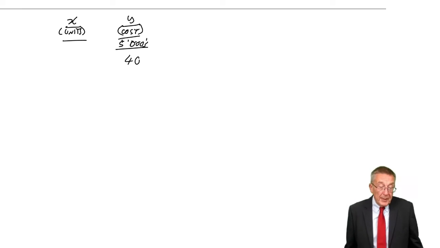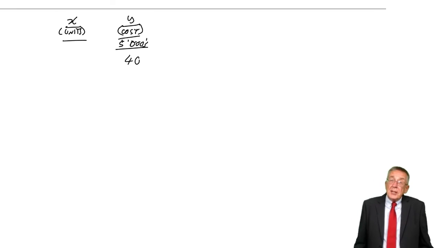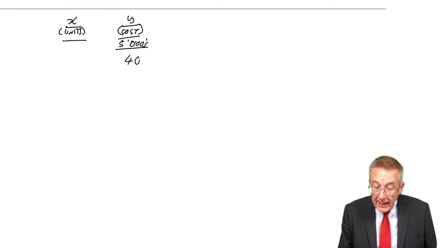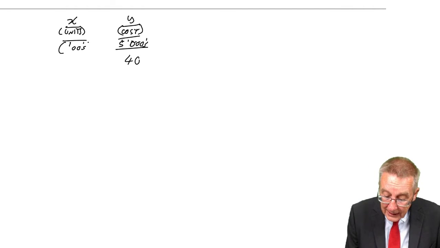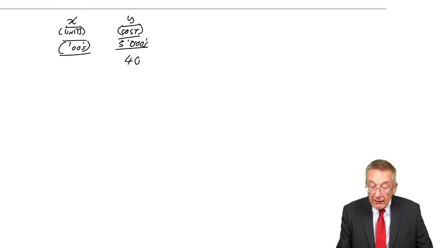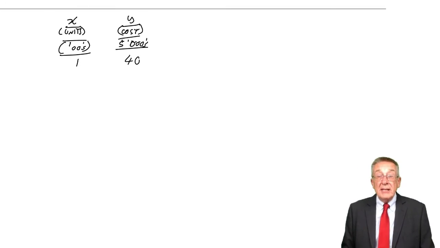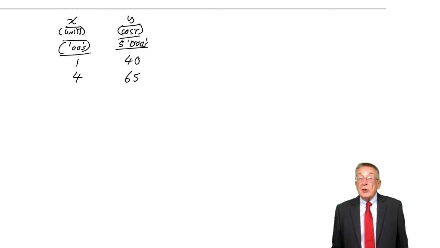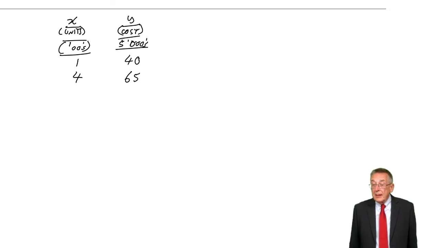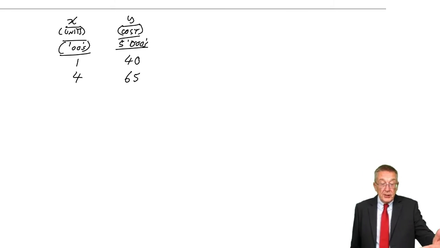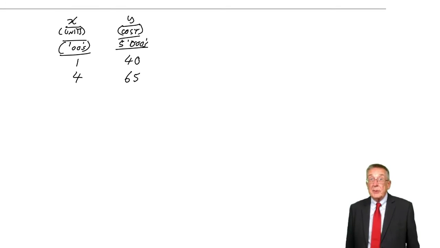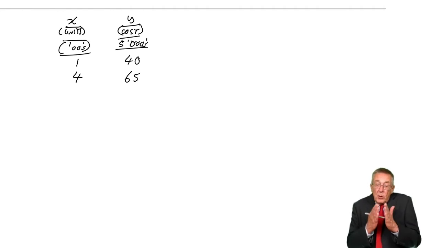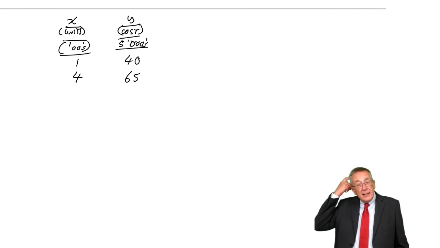So although by all means use 100, 400, 200, just to keep the arithmetic a bit shorter, I'm going to write it down in hundreds. So instead of writing 100, I'll write 1. And for February, instead of writing 400, I'll write 4. And the cost 65. Now I'll have to remember at the end what I've done, but it's up to you. If you're happy with your calculator, write them in full: 100 units, 40,000, 400 units, 65,000, and so on. But you'll see, because of what's coming, the smaller we can keep the numbers, the easier, the quicker it'll be.